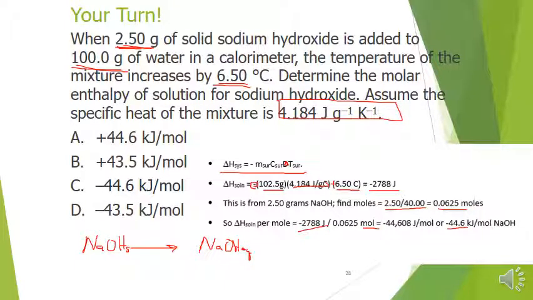The enthalpy change per mole is going to be this amount here. So this guy here had more enthalpy than this guy by this amount.